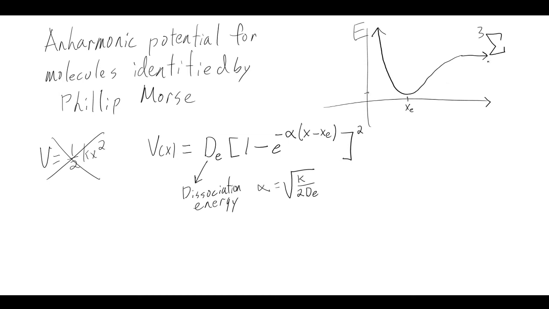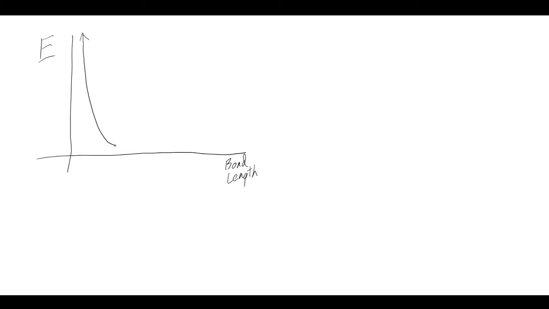This dissociation energy we can actually draw, and maybe we'll draw this a little bit bigger over here. Here's the energy. Right, this still is my bond length, or bond distance, or radius between the two atoms, and the potential starts up here. It looks very harmonic in nature, and then it sort of turns over and flattens out at some point.